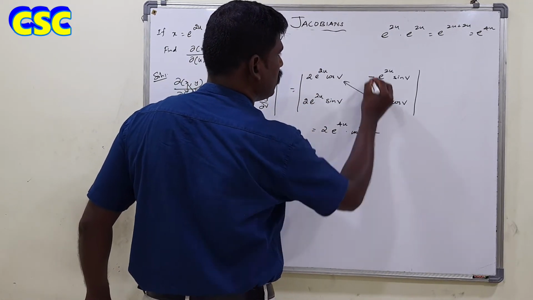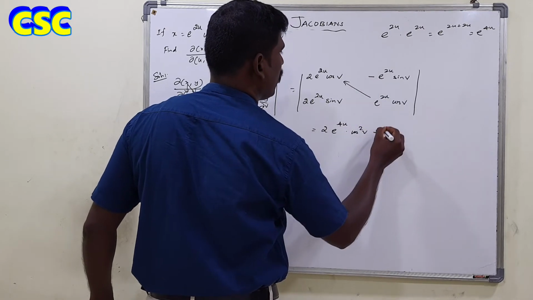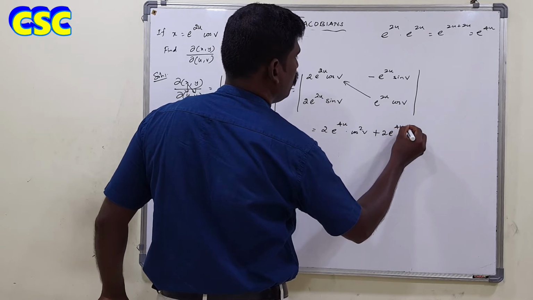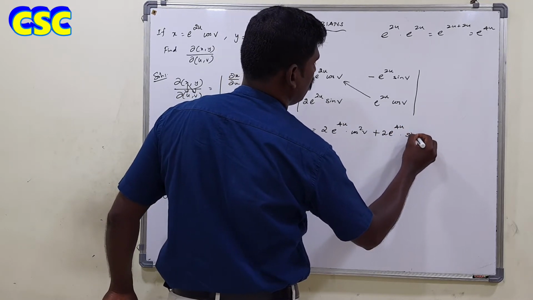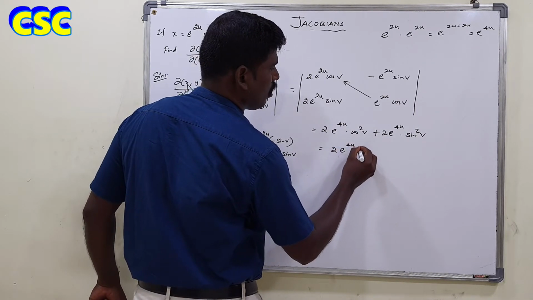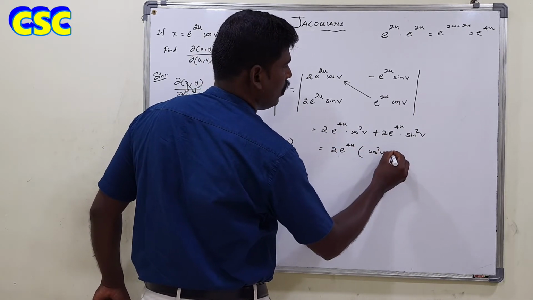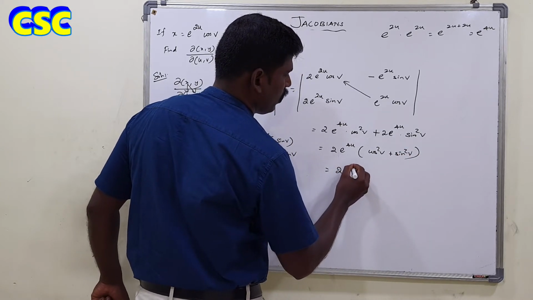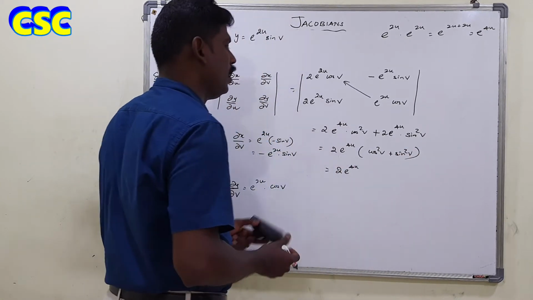Then minus the product between these two: minus into minus gives plus 2 into e power 4u into sin square v. So you can take 2 e power 4u as common. Cos square v plus sin square v is 1. So 2 into e power 4u is the value.